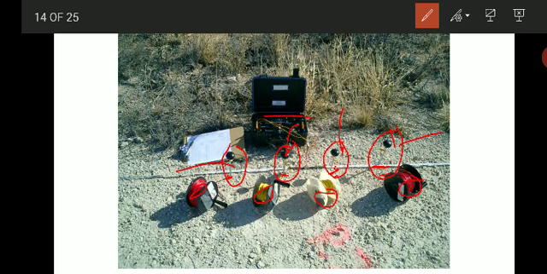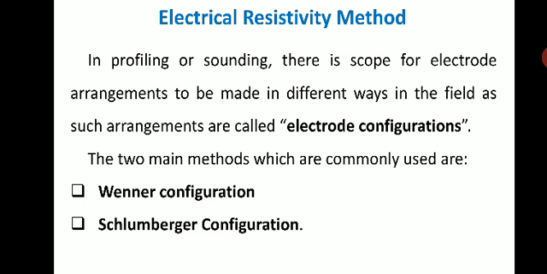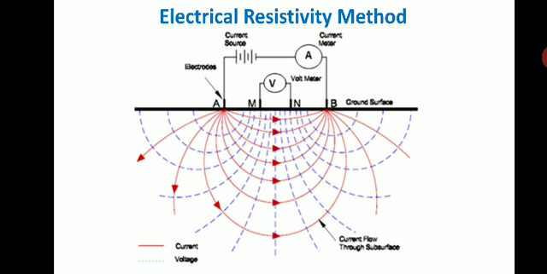This is the instrument which will give us the result, that is the resistance. These are attached with cables to the instrument, and we need to supply the current. This is how, in the field, with a proper arrangement, we perform the electrical resistivity method.